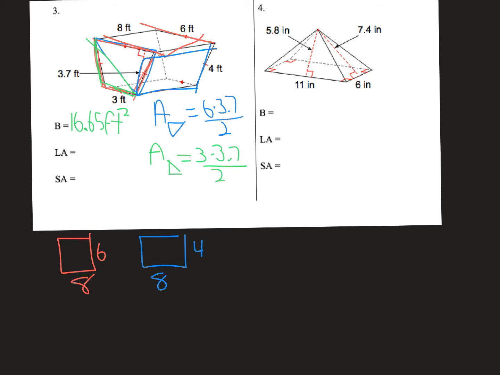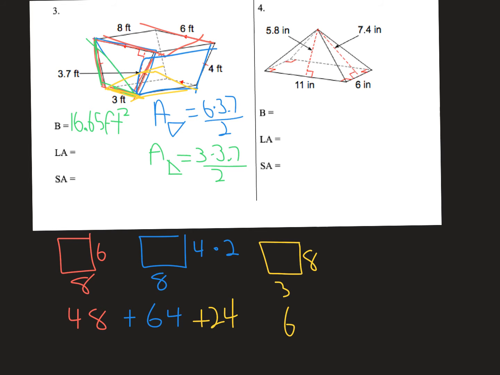But I actually have 2 of those because I see these little red marks, so times 2. And then I have the bottom, and the bottom here is 3 by 8. So that's going to be 48 plus 32 times 2, which is 64, plus 24. So that's 136 feet squared.